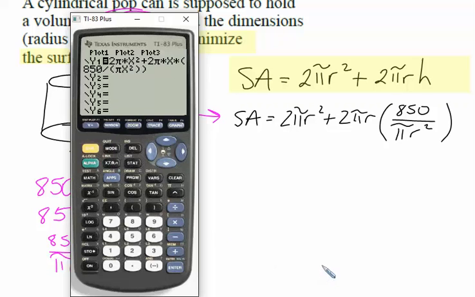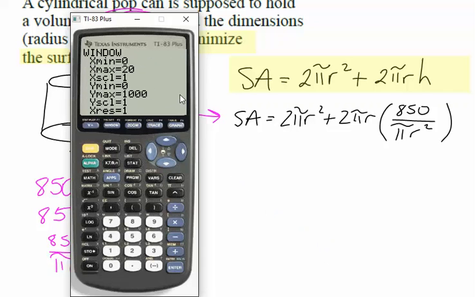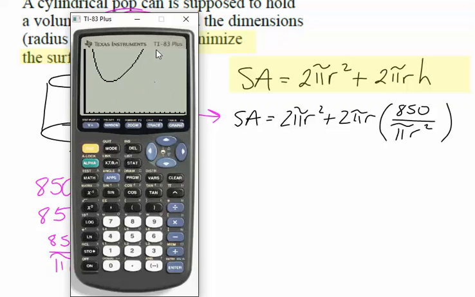Make sure you put the parentheses around the denominator of pi x squared, otherwise you're not going to be graphing the correct item. We'll turn to our window, and maybe we just want to go 0 to 20 for the x, maybe 0 to 1,000 for the y. The y is the surface area, the x is the radius. This might not be a good graph, but you just kind of go with the flow and adjust as needed.